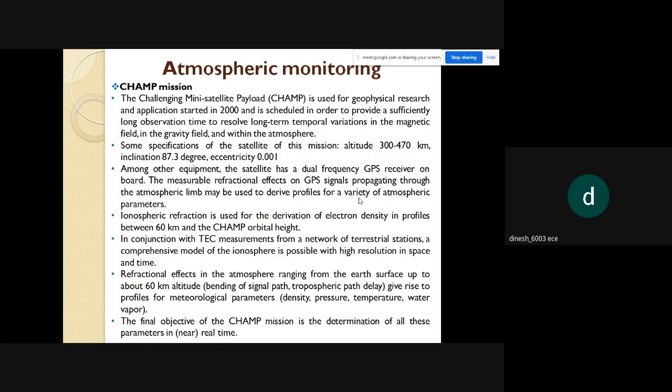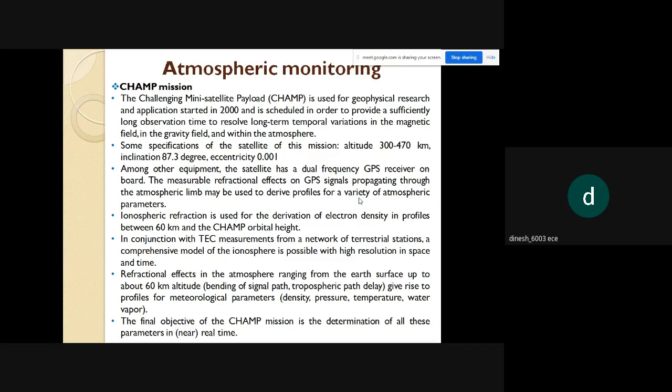The refractional effects in the atmosphere, ranging from the Earth's surface up to a range of 60-kilometer altitude, give rise to profiles for meteorological parameters such as density, pressure, temperature, and water vapor. Here the bending of the signal path and the tropospheric path delays are present.